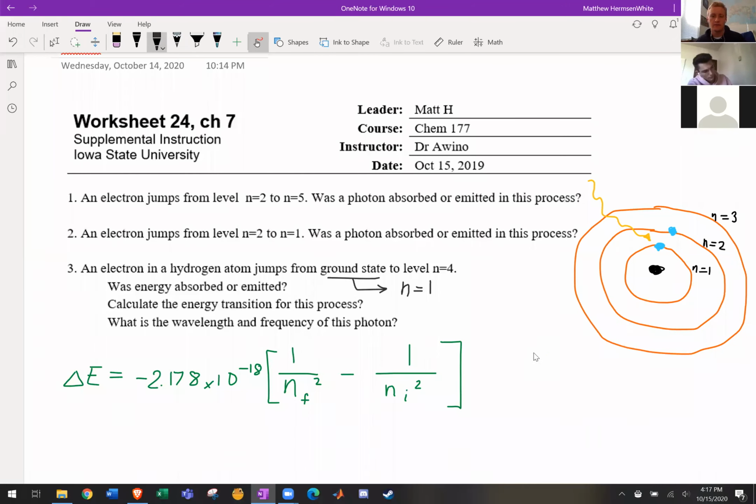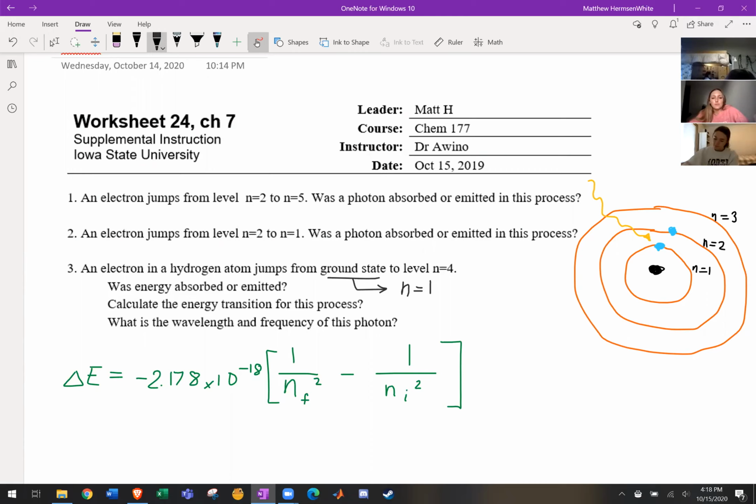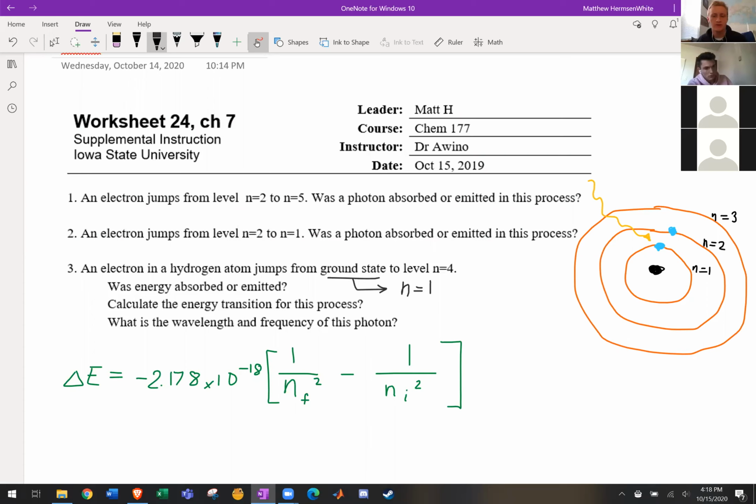So using this information, you should be able to get through 1 through 3. But before I let you work, what questions do you have so far? Okay, so go ahead and try to take some time on your own for a few minutes and work through 1 through 3.